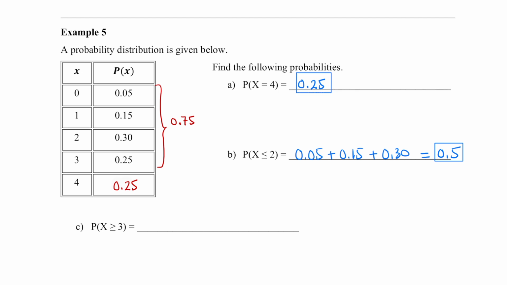Part C, find the probability that x is greater than or equal to 3. The values greater than or equal to 3 are 3 and 4. Add their probabilities. So we'll take 0.25 plus 0.25, which equals 0.5.